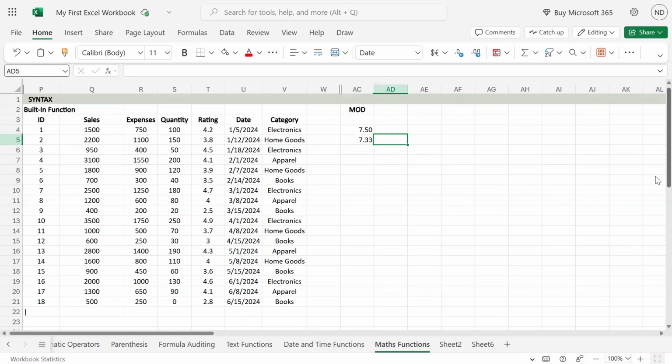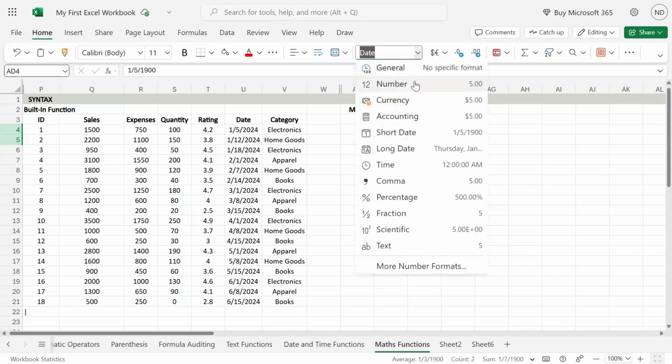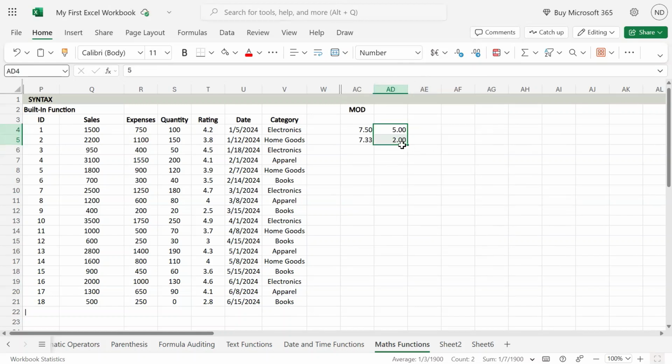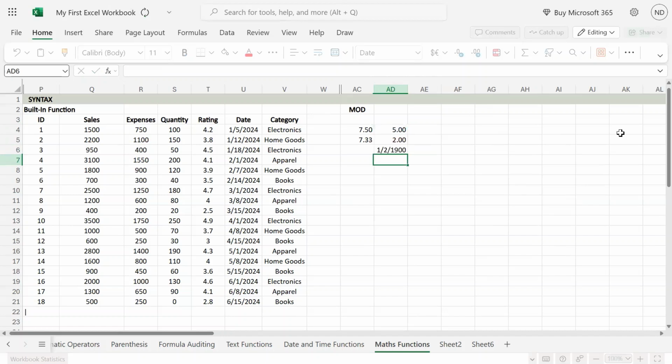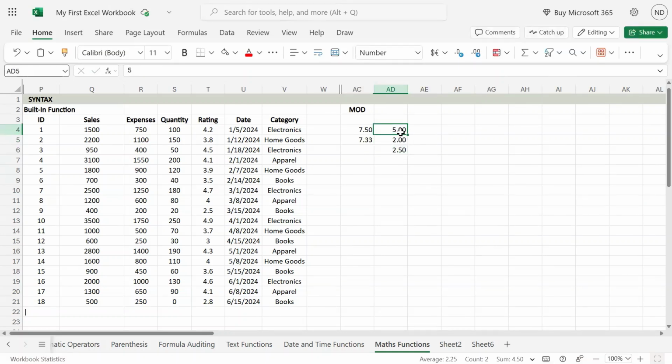Let me make it a bit simple. Suppose I have two numbers, 5 and 2. If I divide 5 by 2, I get the quotient, which is 2.5. So if I multiply 2 by 2.5, you get 5.